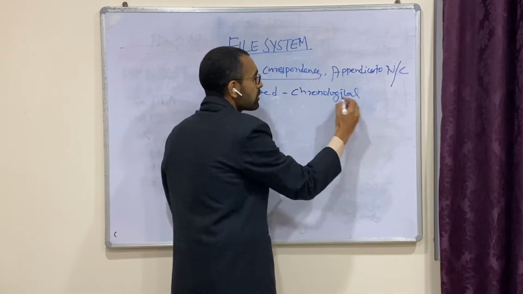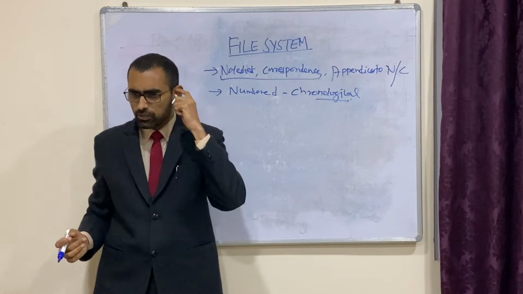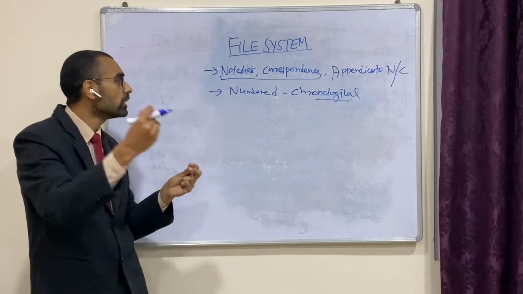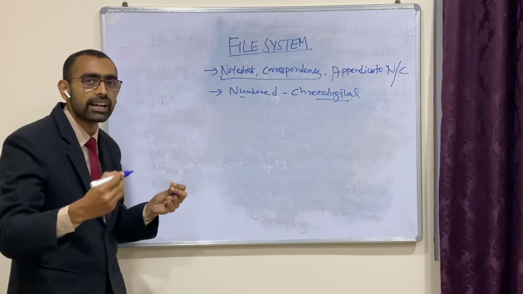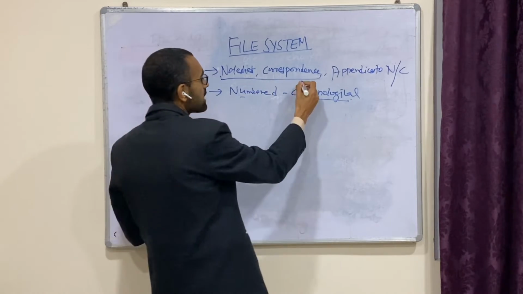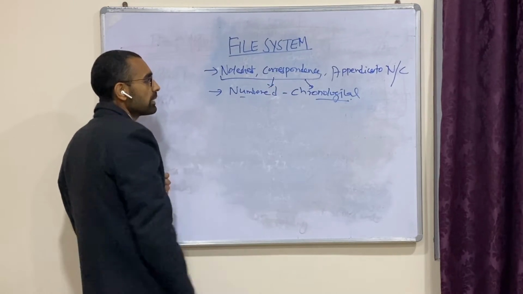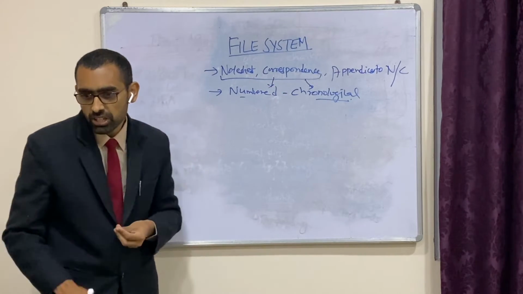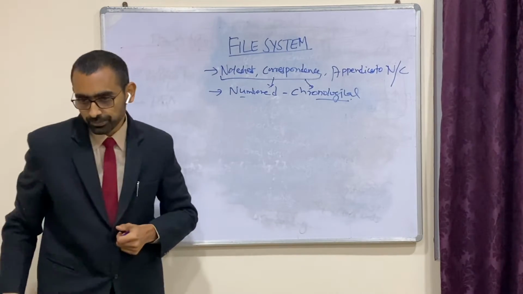They should be in chronological sequence so that it is easy to find a particular note or a particular correspondence based on date. So all these notes and correspondence have to be numbered and arranged in chronological order.